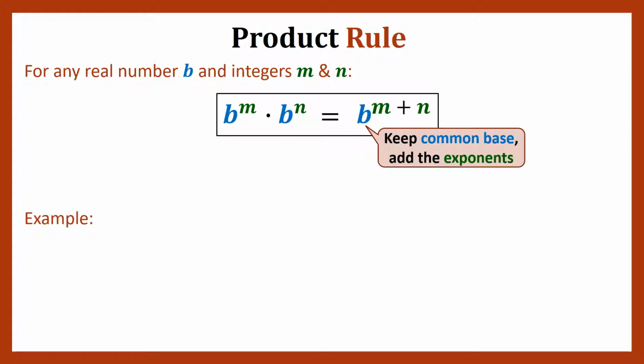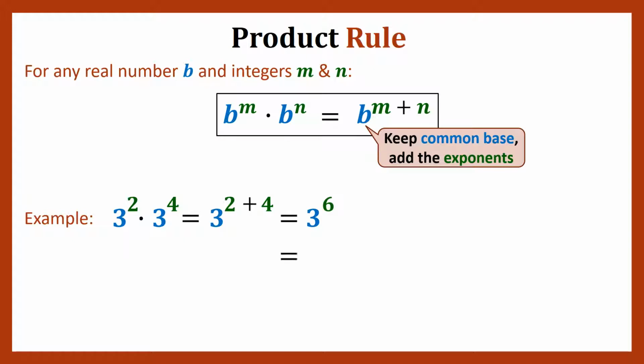Let's consider an example. Suppose you have 3 raised to the power of 2 multiplied by 3 raised to the power of 4. By the product rule for exponents, this is then equal to 3 raised to the power of 2 plus 4, which equals 3 raised to the power of 6.